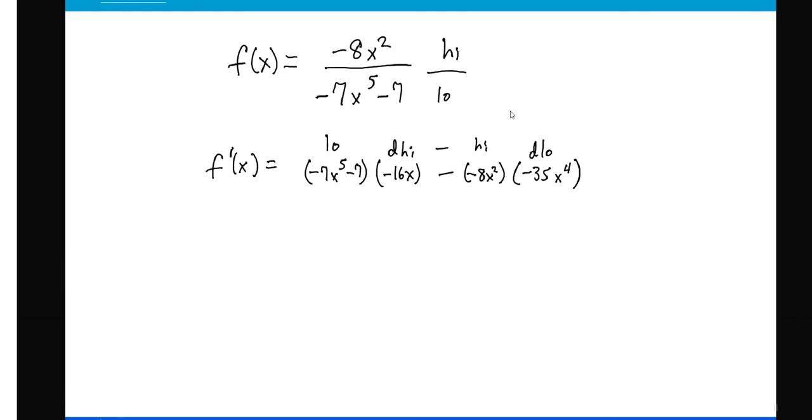So low d high minus high d low all over low squared. And so we just take the denominator, whatever it is, put it in parentheses, and raise the whole thing to 2. And again, just like with the product rule, you do not have to simplify. Just leave it. Type it in exactly like that.